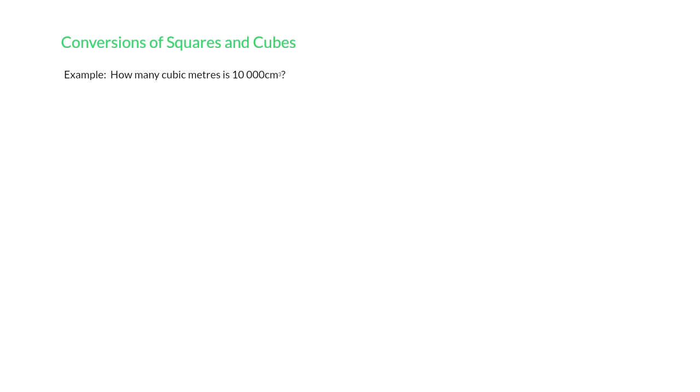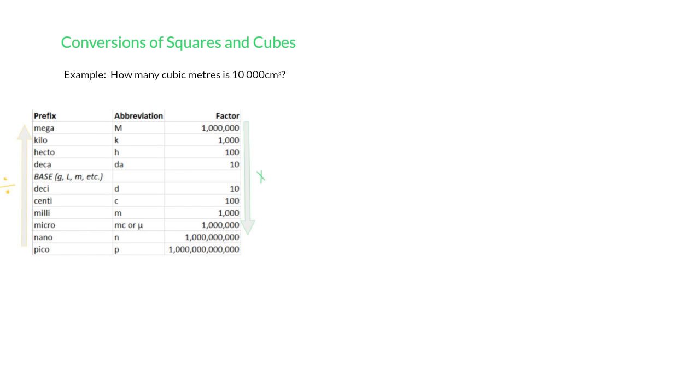Now we'll look at a cube example. How many cubic meters is 10,000 cubic centimeters? Brace yourself. The first thing I'm going to do is pull in my conversion chart. And just a reminder, if I go from a big unit to a small unit, I'm going to multiply. If I go from a small unit to a bigger unit, I'm going to divide.